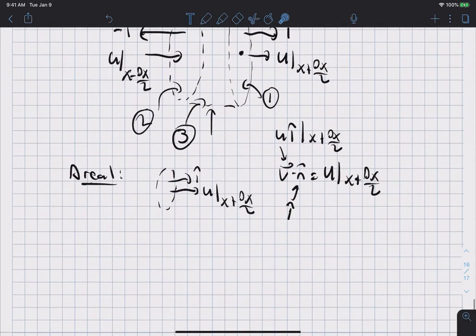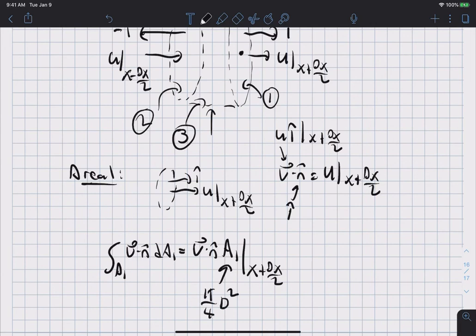Then we're assuming uniform flow, so the integral over A1 of v dot n hat dA1 equals v dot n hat times A1, and A1, which is located at x plus delta x over 2, is pi over 4 d squared. And this here is u at x plus delta x over 2, so this whole thing equals pi over 4 d squared u at x plus delta x over 2.